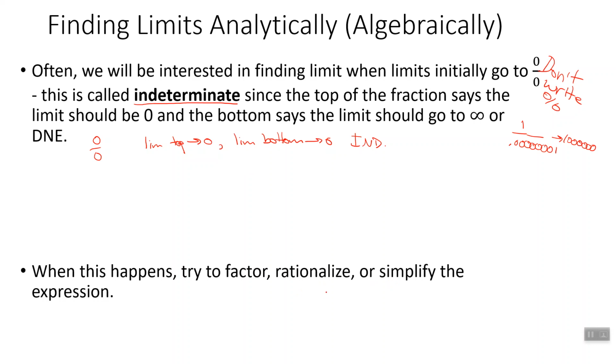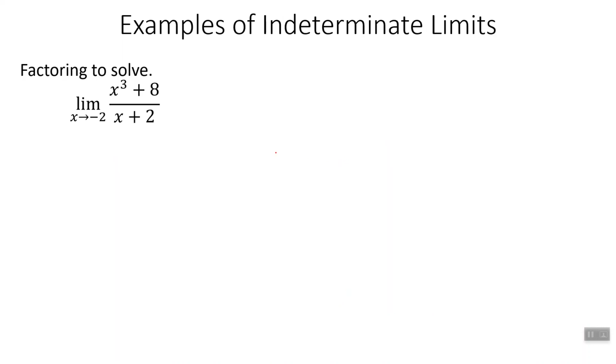Later on, we'll have some other method called L'Hopital's rule. But right now, we don't know what that is. It involves derivatives, so we're going to just try and factor. And usually, we can do that with factoring. But again, on the AP exam, we don't write 0 over 0 for free response. We write the limit of the top goes to 0, the limit of the bottom goes to 0, so it's indeterminate. They're very nitpicky about that.